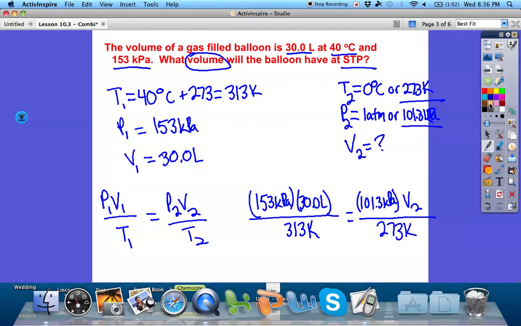Now, just like we did with Charles's and Gay-Lussac's law, we're going to do some cross multiplication.